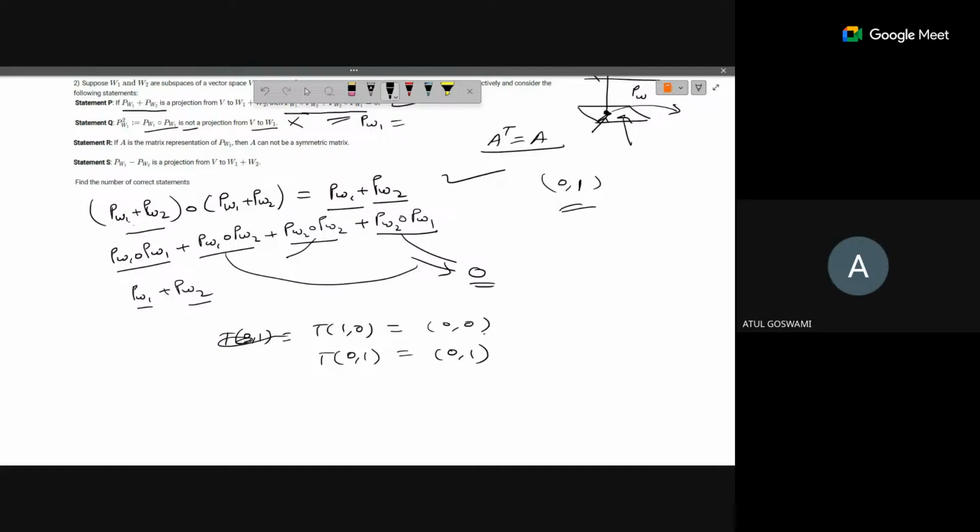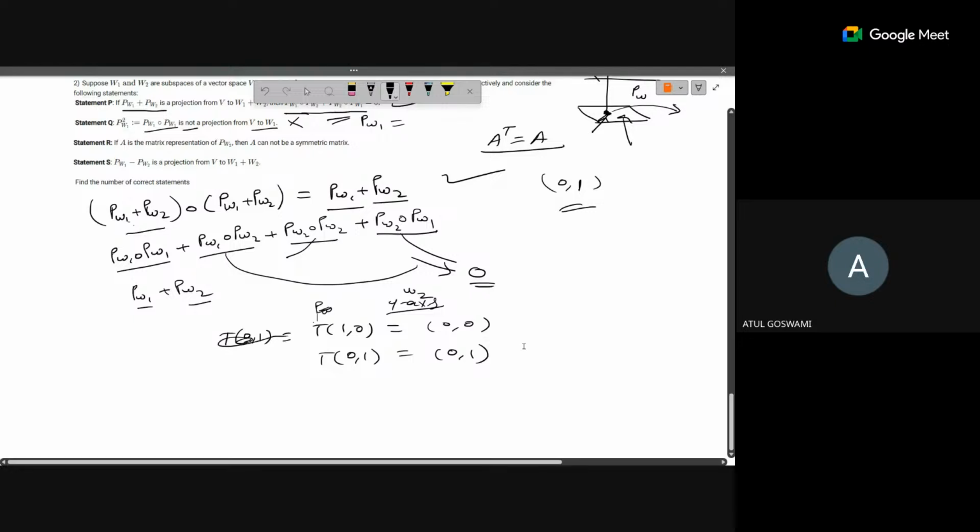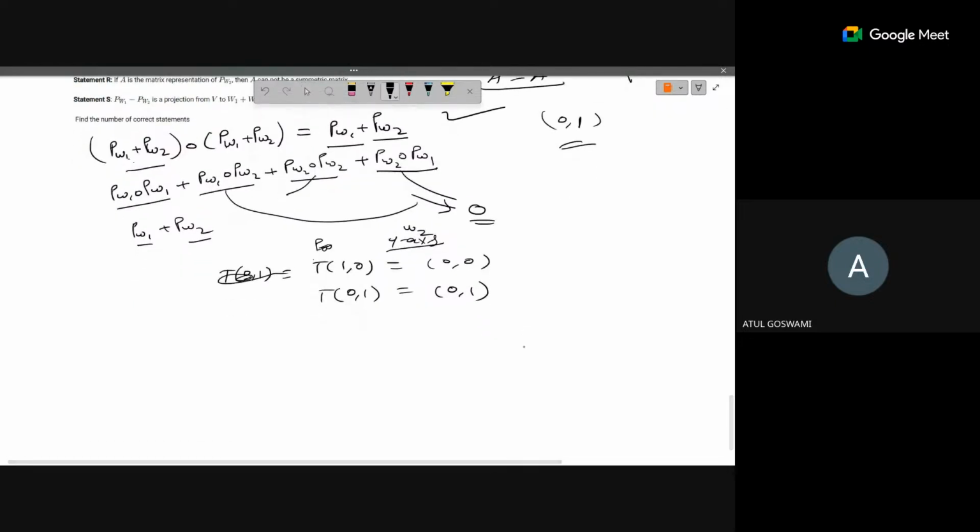Then taking the y-axis as this w2, the transformation means p of w2, because this is the projection. When we make this transformation matrix, because these are standard bases, these directly form the columns: (0, 0) and (0, 1).